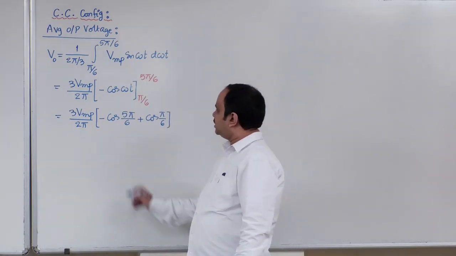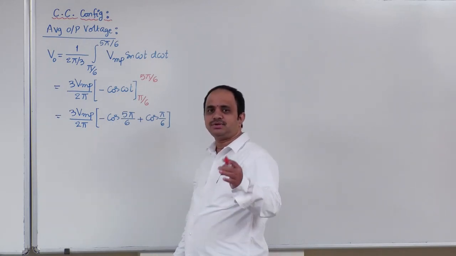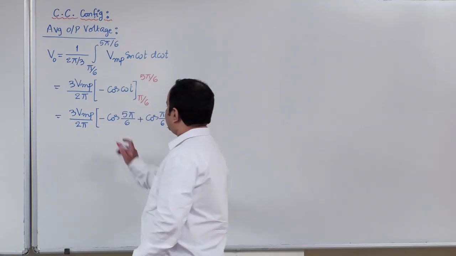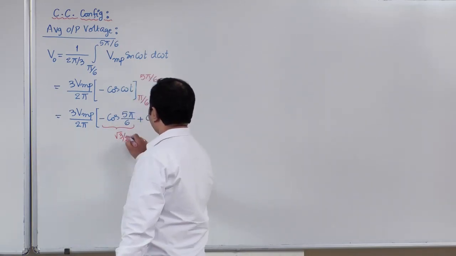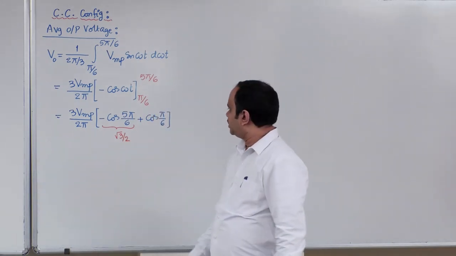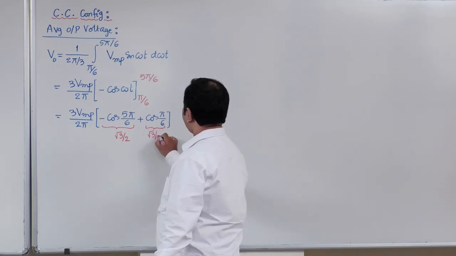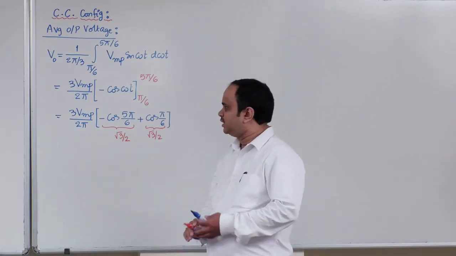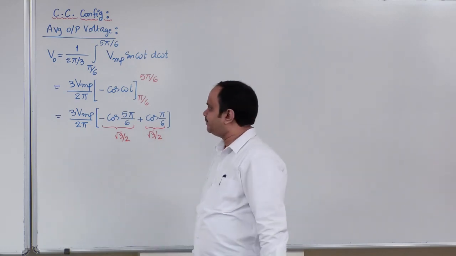Now here cos 150 is nothing but minus root 3 by 2. Therefore, this value I can write as root 3 by 2. Cos 30, this is also root 3 by 2. Therefore, these two summation will give you root 3.